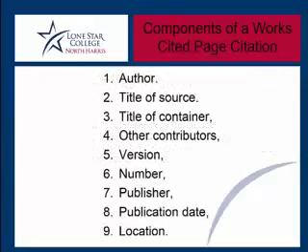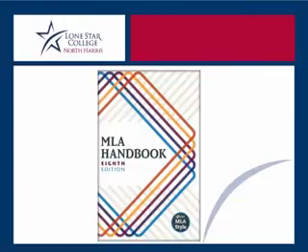These are the 9 parts of an MLA Works Cited page citation. MLA has tried to create a uniform structure for its citation, but there is variation depending upon the type of source that you use. That's why, whenever you're composing a Works Cited page citation, you should always consult a reputable source on the subject first.